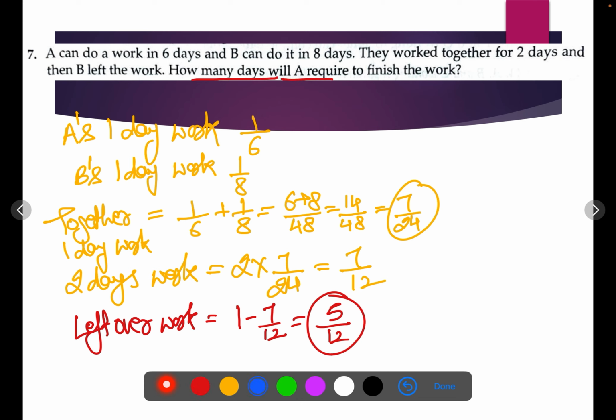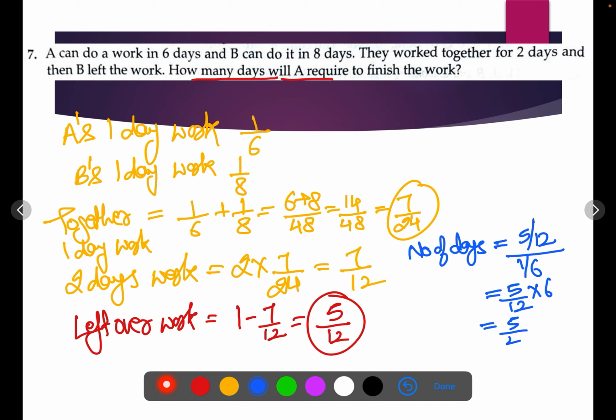So number of days will be the remaining work, which is 5 upon 12, divided by work done in 1 day, which is 1 upon 6. What would be the answer? 5 upon 12 into 6, 5 upon 2, that means 2 1 by 2 days. I hope the question is clear. It is same as we have discussed in the example.